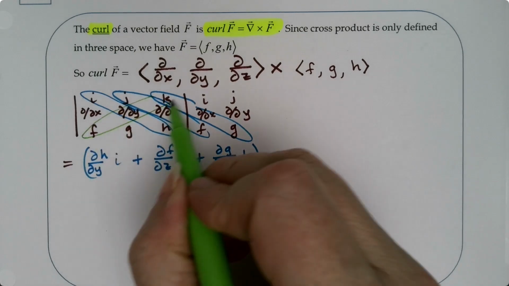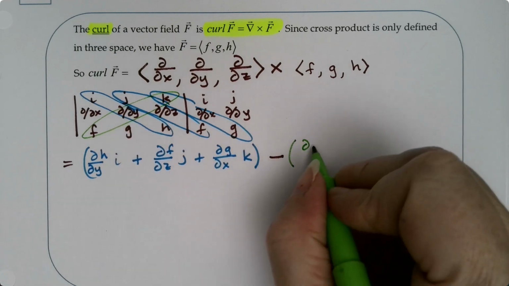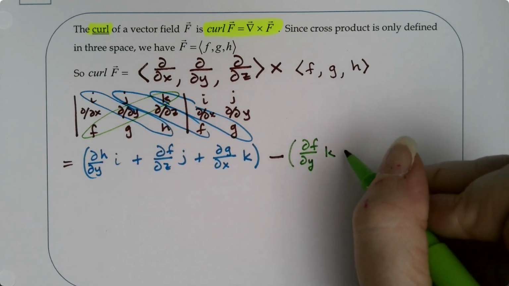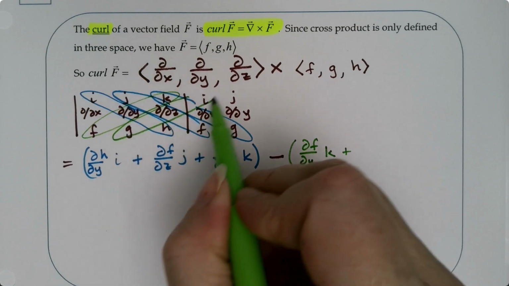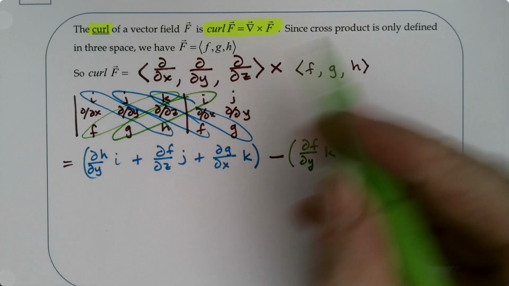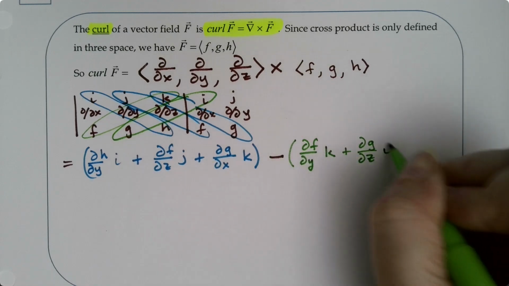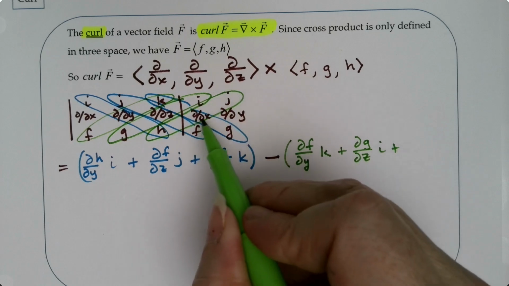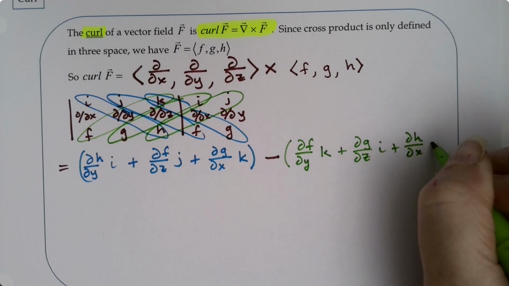So the del with respect to y of f in the k position, plus the del with respect to z of g in the i position, plus the del with respect to x of h in the j position.